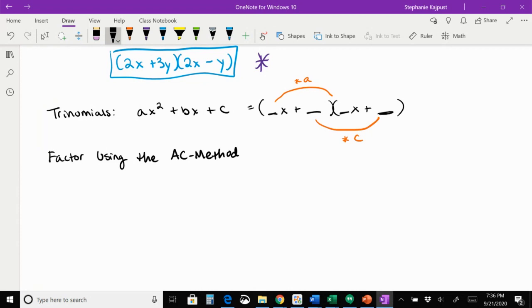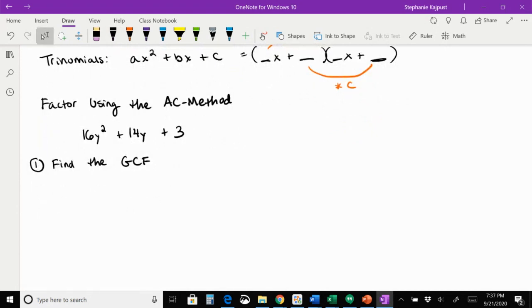Okay, so here's one that we would do grouping on: 16y squared plus 14y plus 3. Or the AC method. So as always, you always want to find the greatest common factor, because if there's a number that I can divide out of here to make my number smaller, I want to do so.